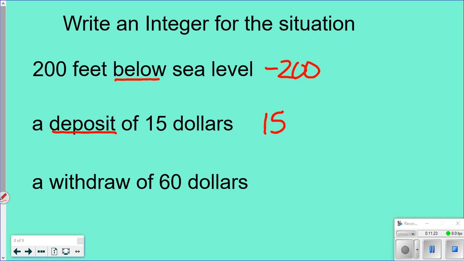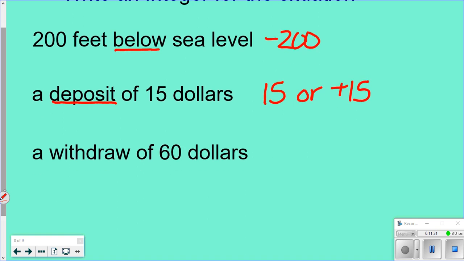Now you could write it two ways, like this or like this, but a lot of times we don't write positive numbers with a sign in front, so you can just write 15. And then a withdrawal of $60. Withdrawal would be the keyword. It would be minus 60 or negative 60. So you're going to have to do this today in your homework too. You have to look for those keywords and know if they're asking for a negative number or a positive number.